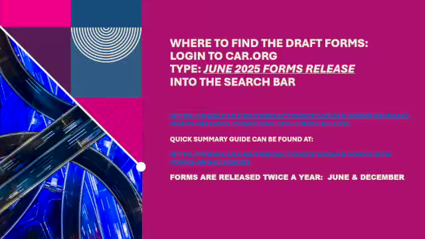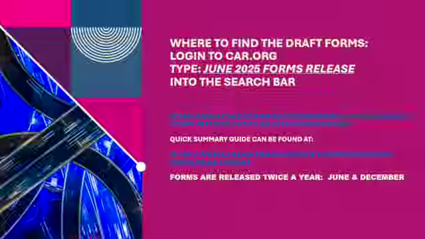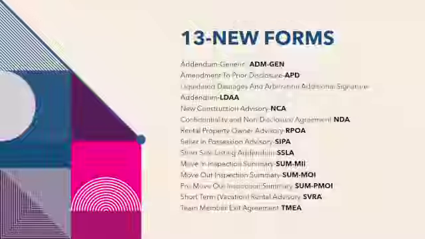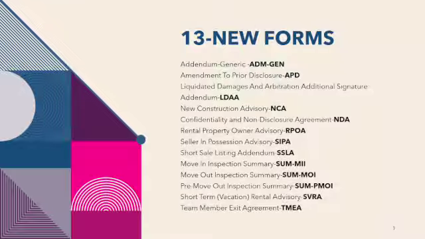The forms are released twice a year. We get a release every June and every December. Sometimes forms may be released sporadically through the year, due to laws that come into effect during the year and not on your normal December 1st, which we'll see in a few slides. So there are 13 new forms. Sounds daunting, but it really isn't. There are maybe 3 or 4 that are going to be used most often.